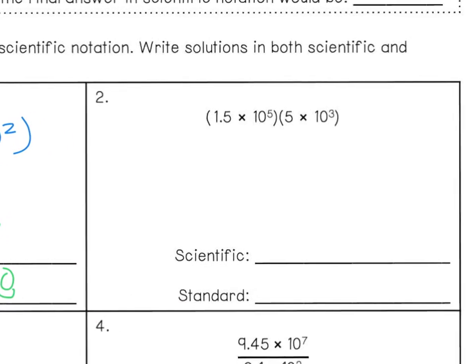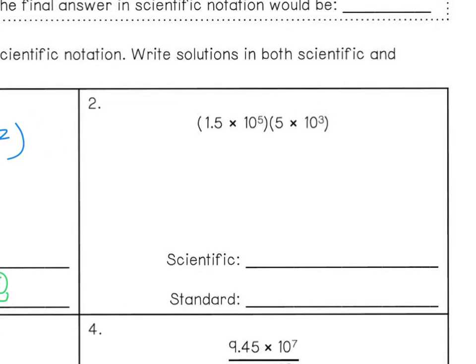So here's another example of multiplying. We are going to gather our coefficients, so 1.5 times 5, and then 10 to the 5th power times 10 to the 3rd power.